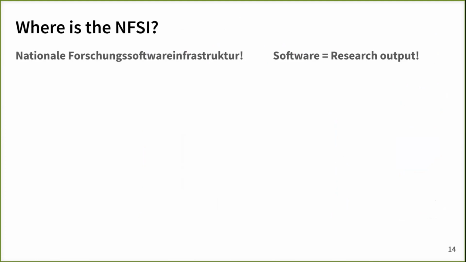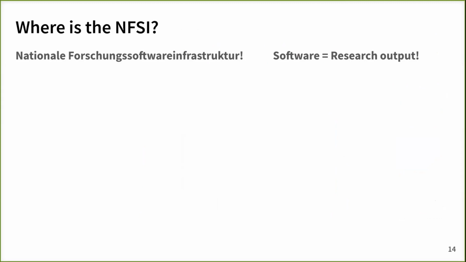And I'd also like to ask, because I think in other talks this week the Nationale Forschungsdateninfrastruktur, the National Research Data Infrastructure, was mentioned, I would like to put the question out there: where is the German research software infrastructure? And I think we really need that.